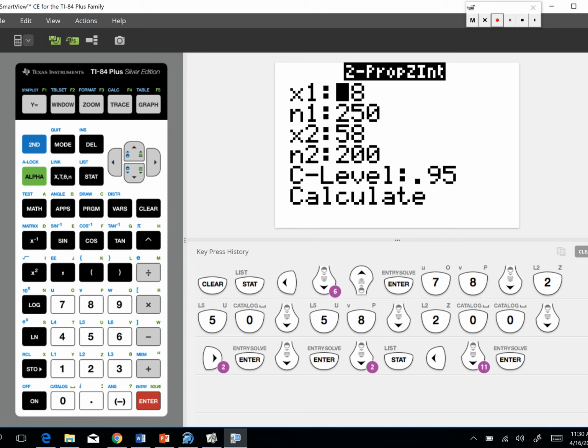Mine's a very new operating system. I don't know if yours will do it or not. Same thing though, guys. Your x's have to be whole numbers. You cannot put a decimal in there for your x's. They cannot be decimals. Confidence level happens to be 0.95.